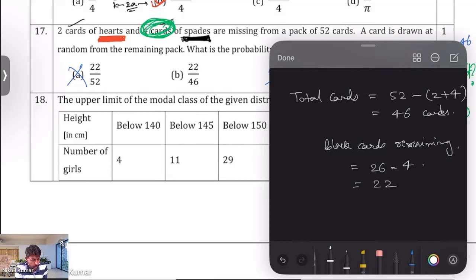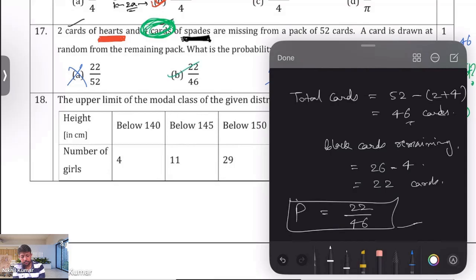So 22 cards. What's the probability of getting a black card from a deck of 46 cards if there are 22 black cards inside it? The probability is 22 upon 46. That's the answer. Let's quickly move on to the next question.